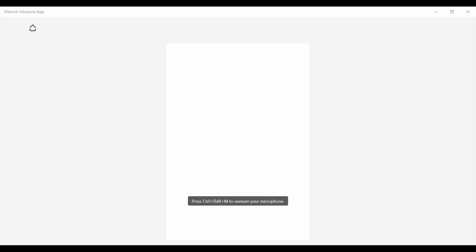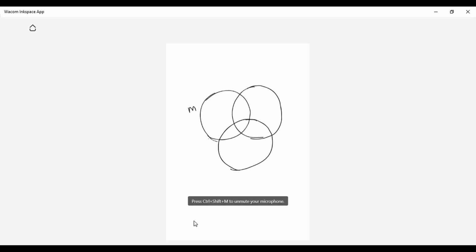So I will draw the diagram. This is M. The diagram is very important, students. With the help of the diagram, you can quickly say the answer. So this is M, this is P, and this is B. Now M intersection P intersection B we have got as 5.